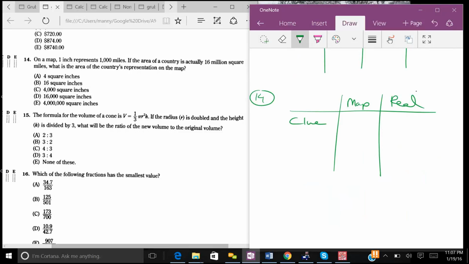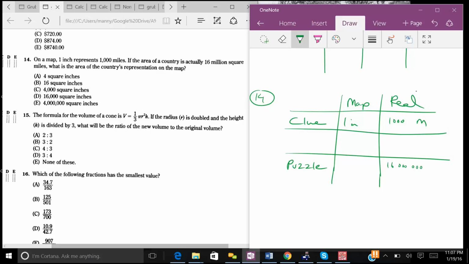The clue is 1 inch equals 1,000 miles. And the puzzle is 60 million miles square, and this is x inch square.